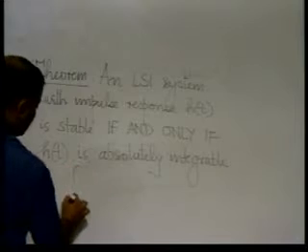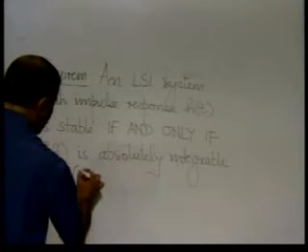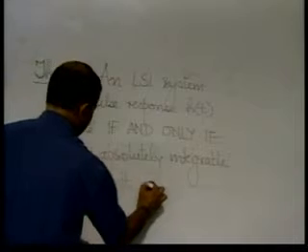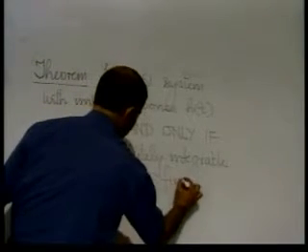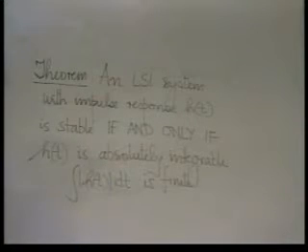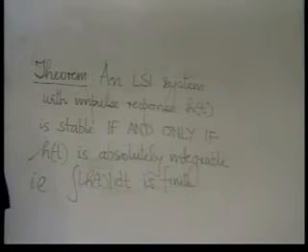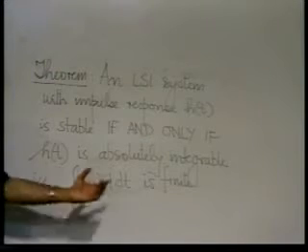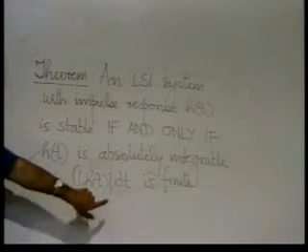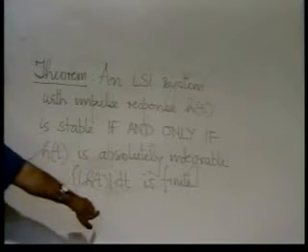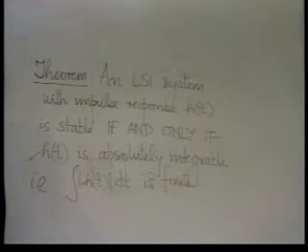That means the integral of mod h(t) dt is finite. This condition is called the condition of absolute integrability. Absolute integral means the integral of the absolute value. So here we integrate the absolute value of the impulse response. So it's called the absolute integral of the impulse response.